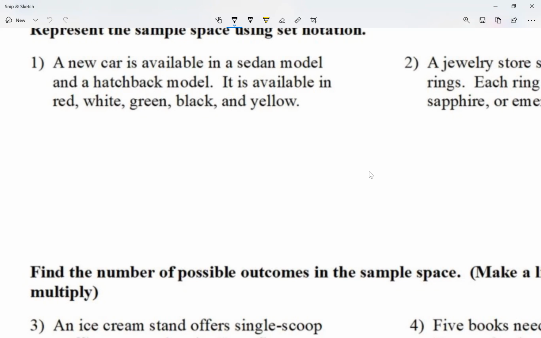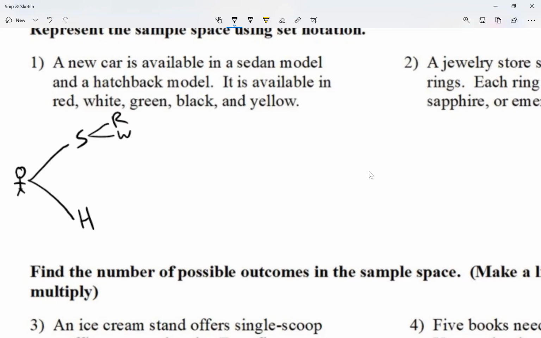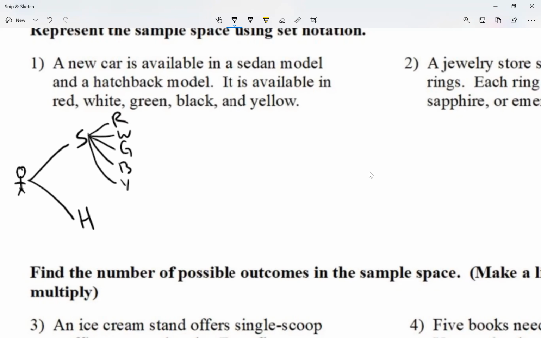Let's say I show up, and they tell me, "Do you want a sedan or do you want a hatchback model?" So those are my two choices. Once I make the choice, I have to choose a color. If I choose a sedan, I have to choose red, white, green, black, or yellow.